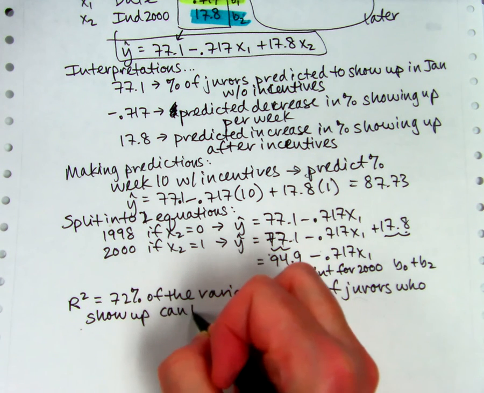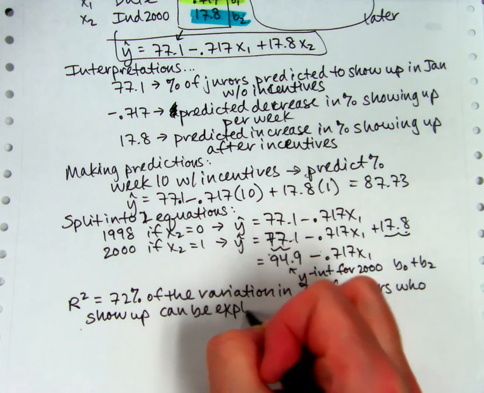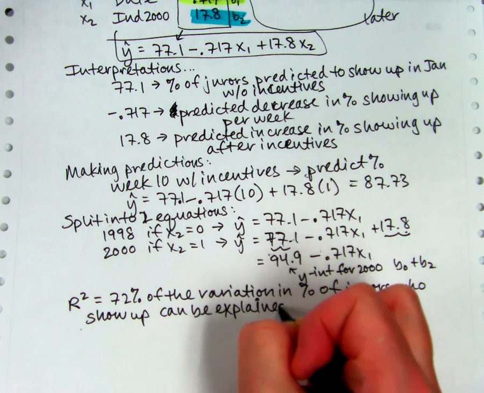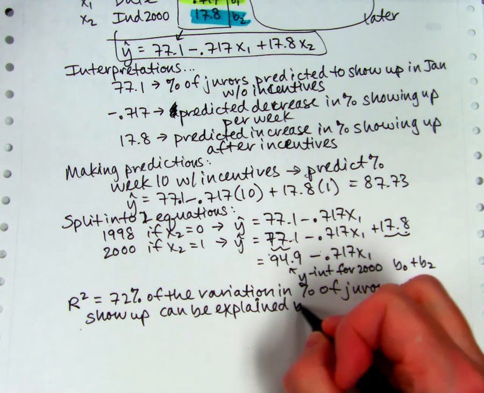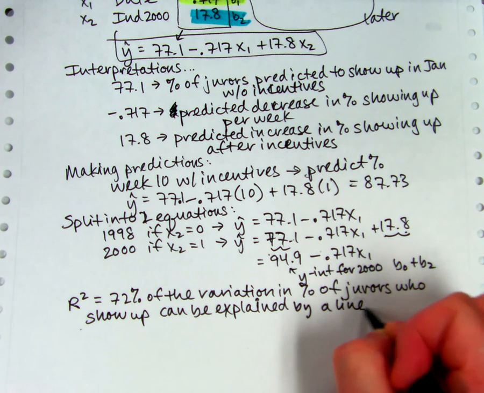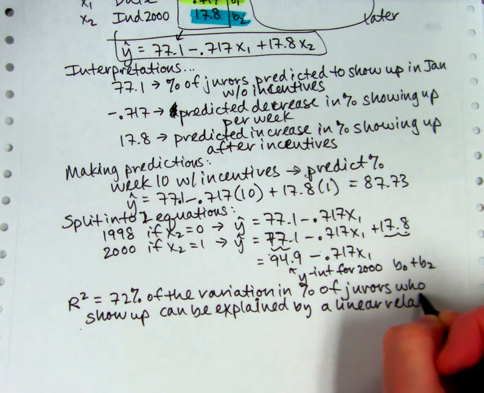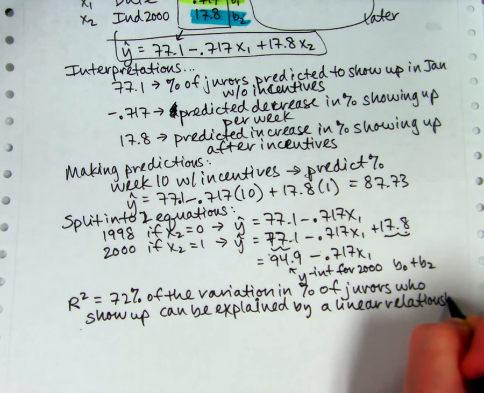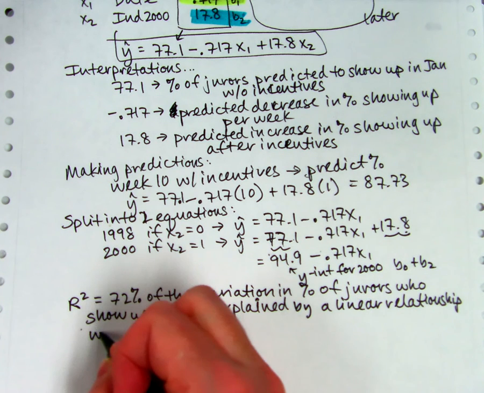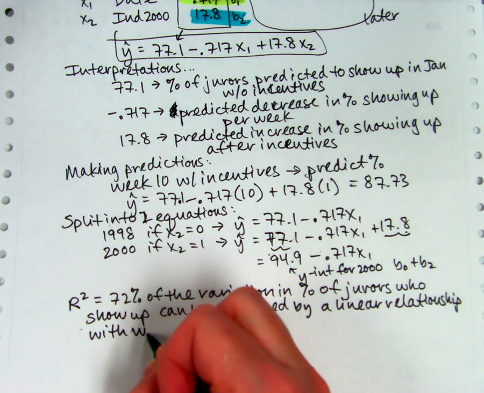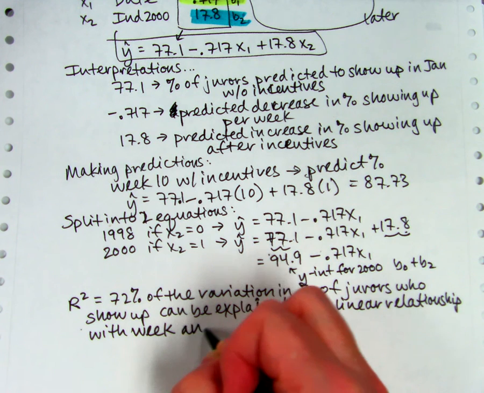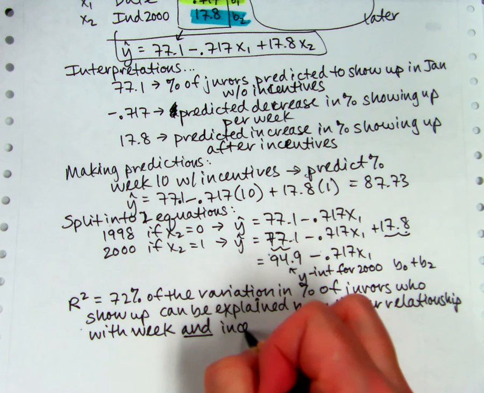can be explained. Now here's where it's fun. There's two things explaining this, right? By a linear relationship with week of the year and incentives.